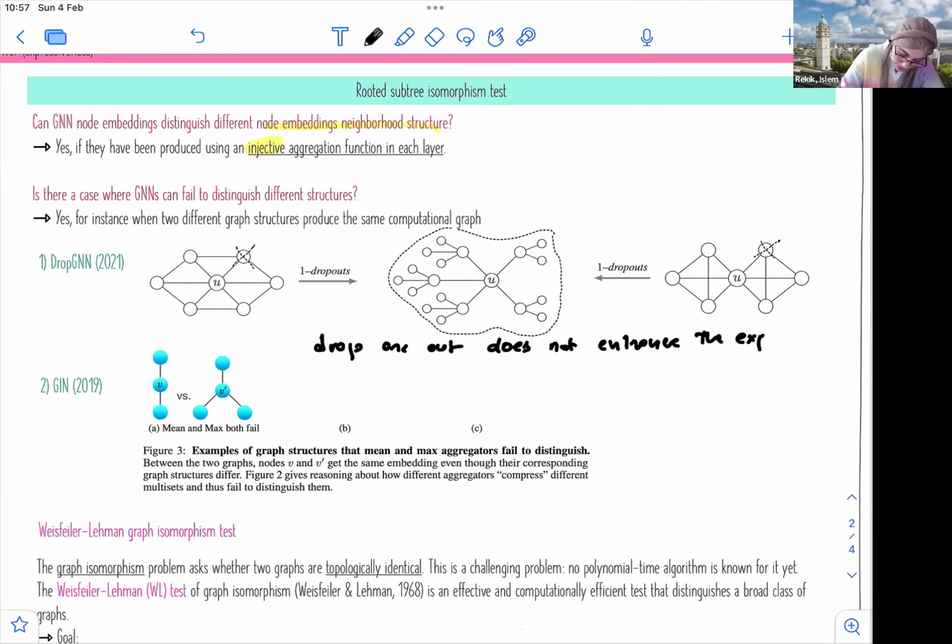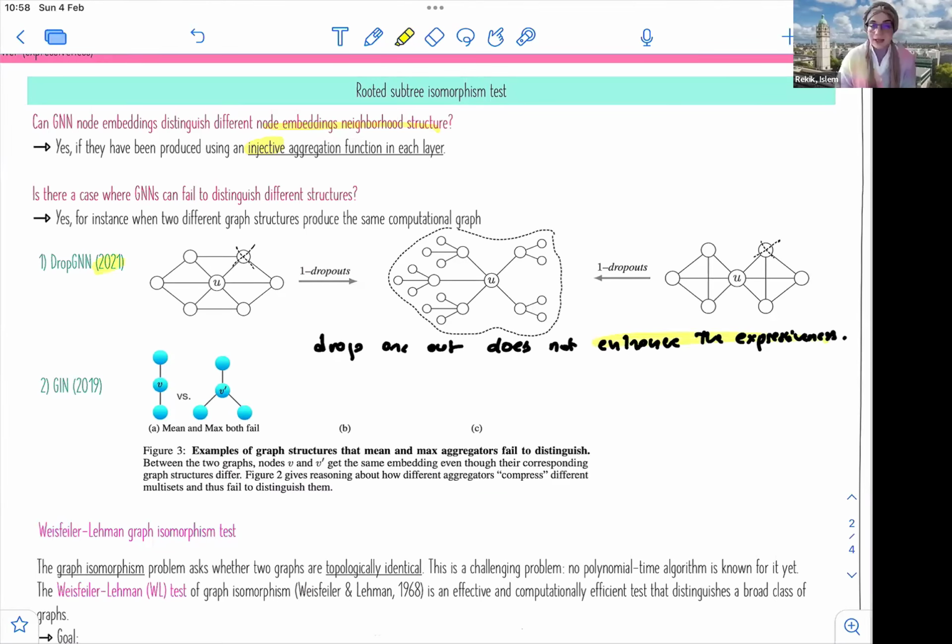And something nice in this paper that we will see in detail. So basically, the DropGNN paper shows that when we drop multiple nodes simultaneously, when you drop actually a different number of nodes, you can boost this expressiveness. So it's a different way of doing this. This has been published in 2021.